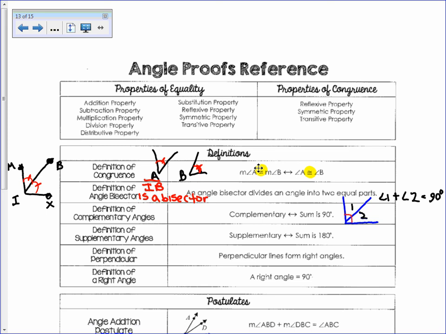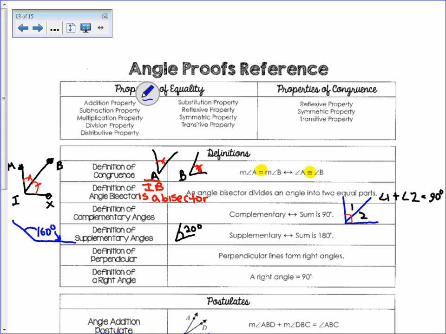Now, the definition of supplementary angles. It's just saying you have two angles. Let's say we have separate angles. This angle is 20 degrees. And then I have another angle, the blue angle. Here's my other angle, and this angle is 160 degrees.